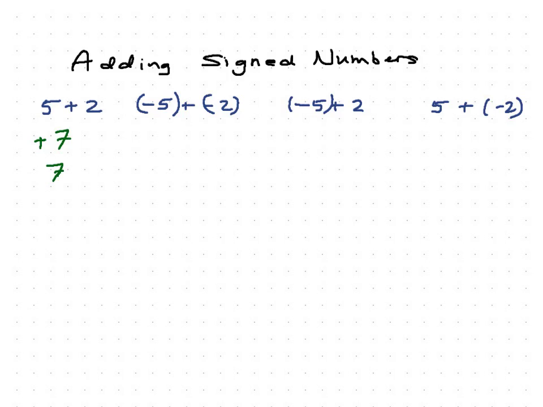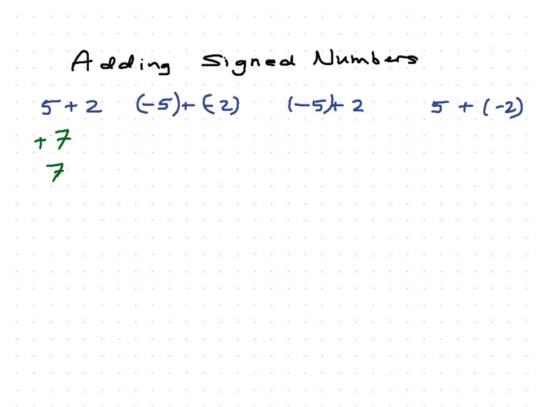Now the next example, negative 5 plus negative 2. Think about that in terms of money. If you were $5 in debt, so negative 5, and you added a further debt of negative 2, you are now going to be further in debt, which means you're going to be actually $7 in debt.